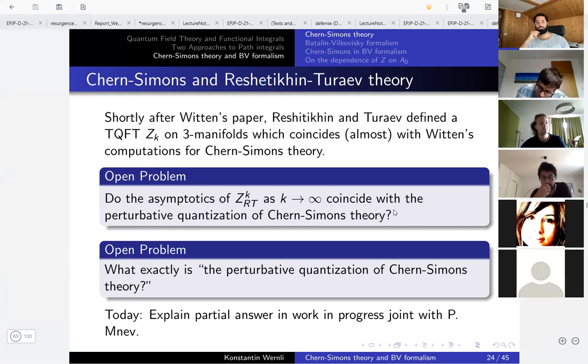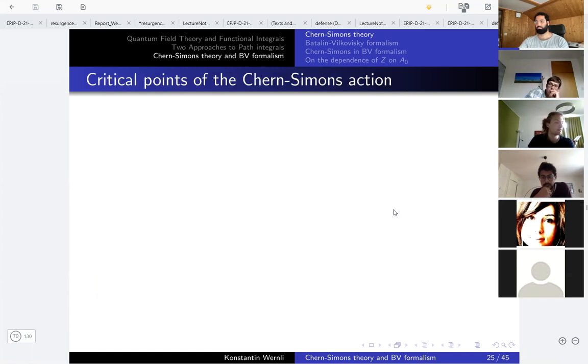I'll try to explain a partial answer that's also still work in progress. And by work in progress, I have to say there isn't really a draft yet. It's ideas that exist mainly on paper and in email conversations.